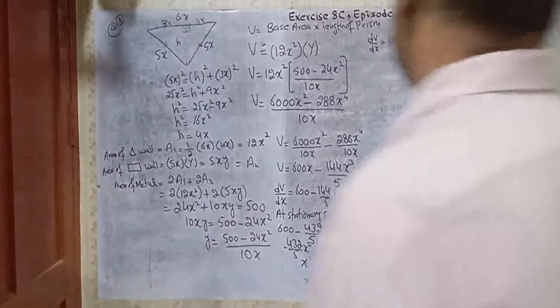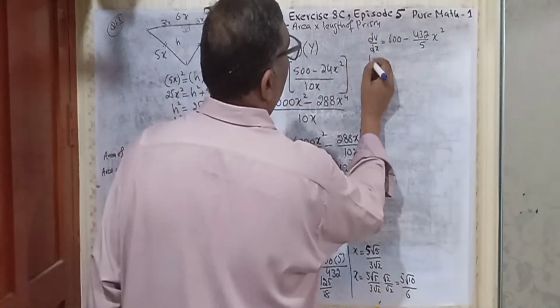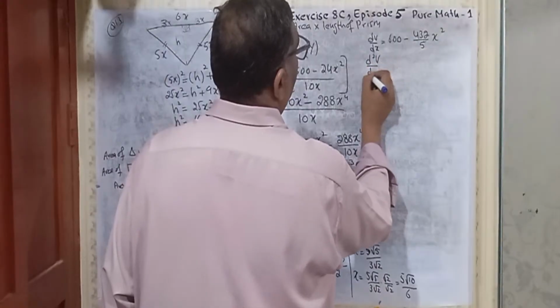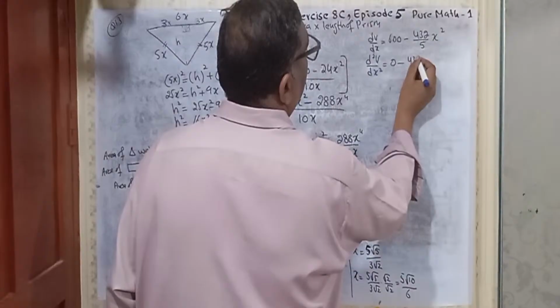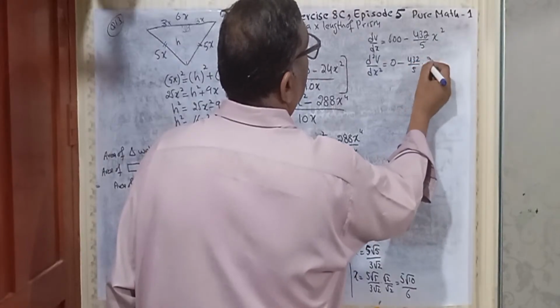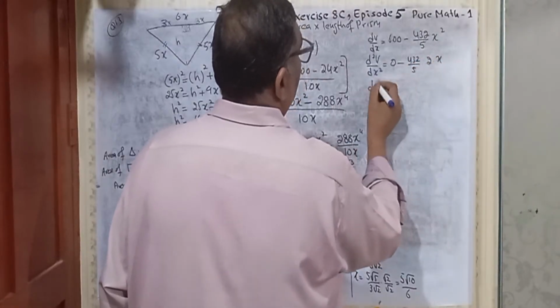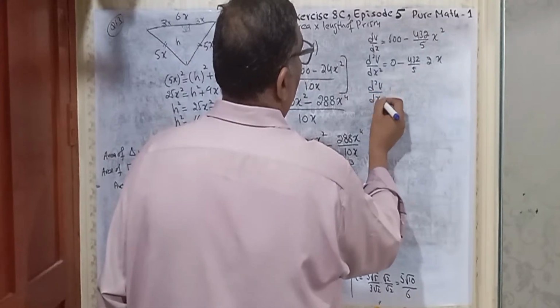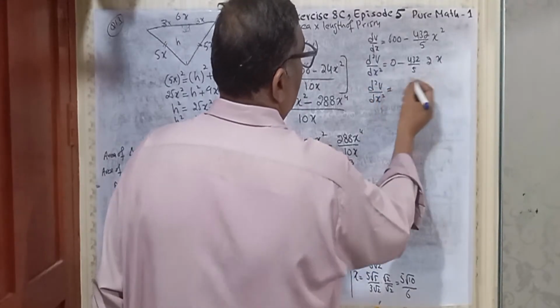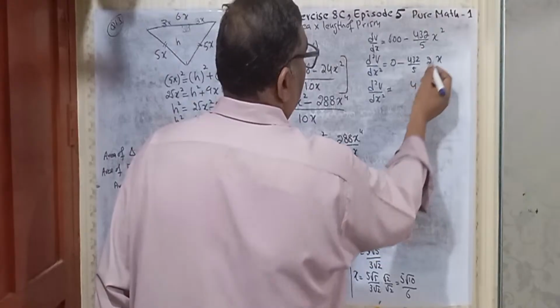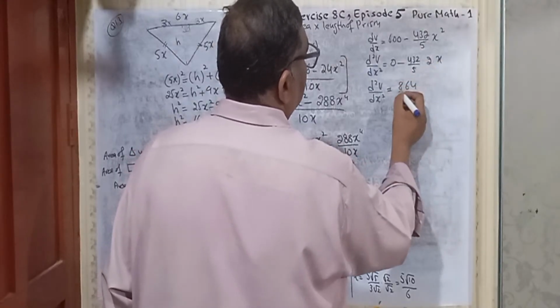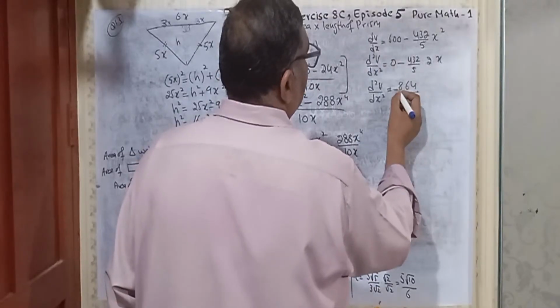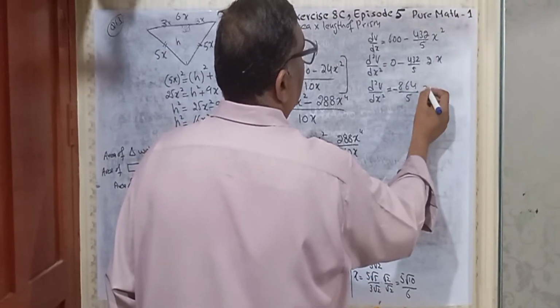So d square v by dx square is 432 times 2 divided by 5 times x cubed, so 2 2s are 4, 2 3s are 6, 2 4s are 8, over 5, with a negative sign here, and x here.